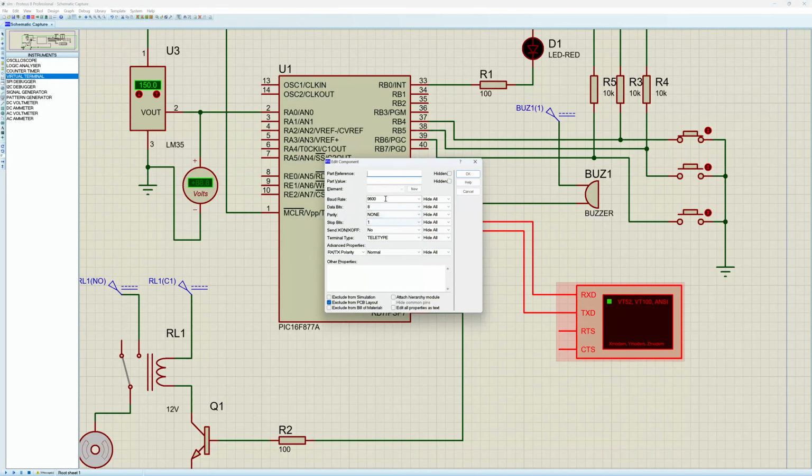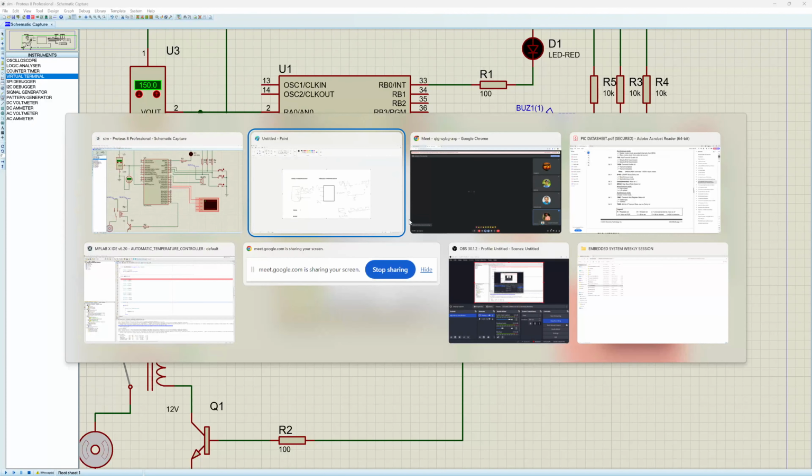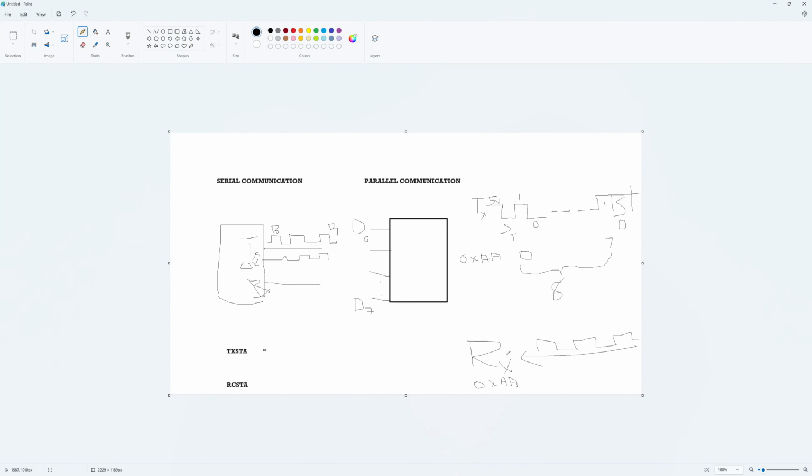Here our baud rate is 9600 bits per second. So RX already knows that the transmitter is transmitting at a 9600 baud rate, so the receiver has to sample it at that speed.